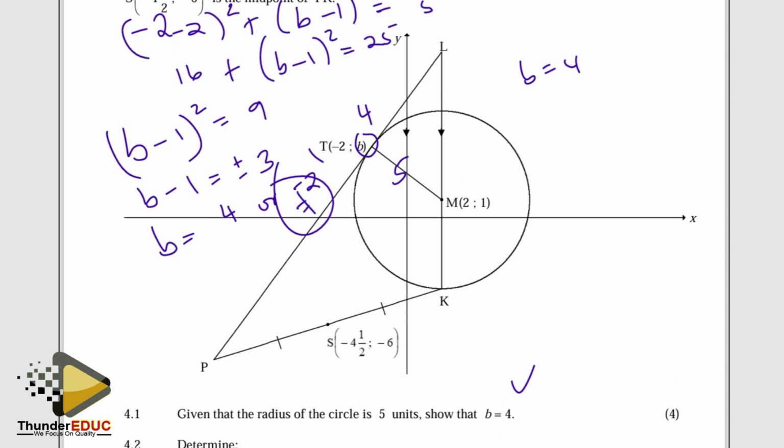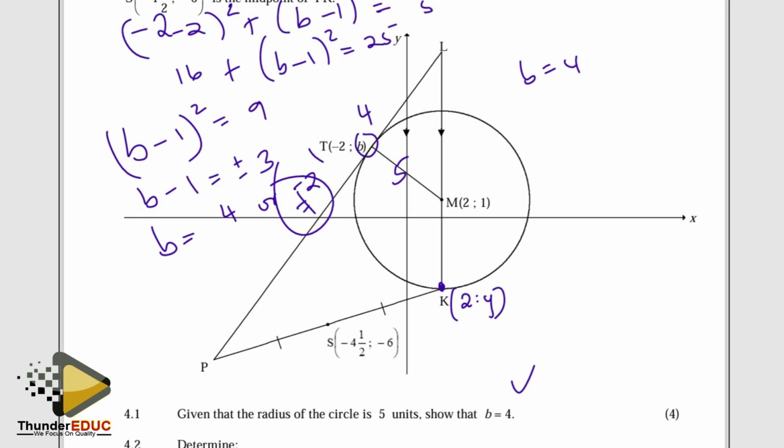Where is K? We're seeing that K is parallel, or it's at the bottom part here. Okay. So one thing we know about K is that the X is going to be 2. We just don't know what the Y is. Okay.